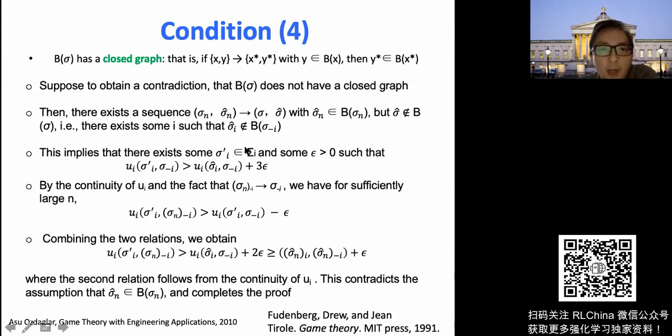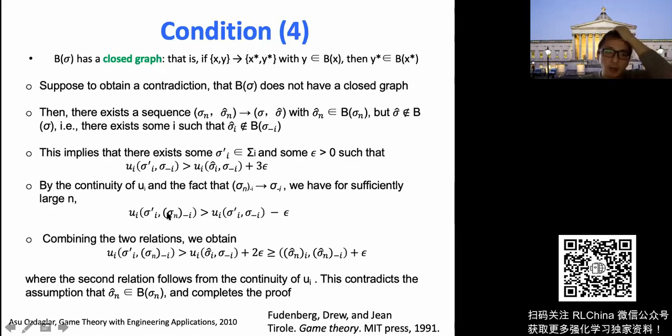Again, this can be proved by contradiction. Given the limited time, I won't go through it, but you can have a look. It's quite clear here. What you do is assume that it does not belong to it, and then based on the definition of Nash equilibrium, there exists another strategy which would be larger than the one that's not.